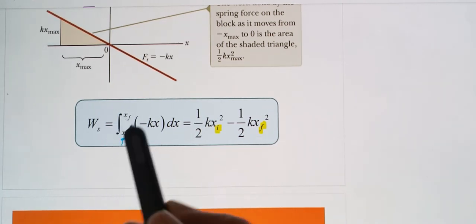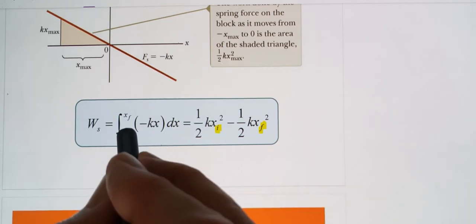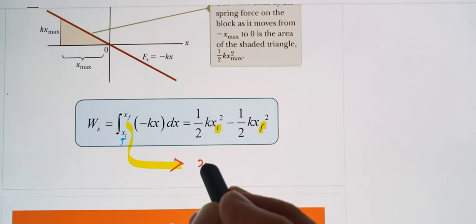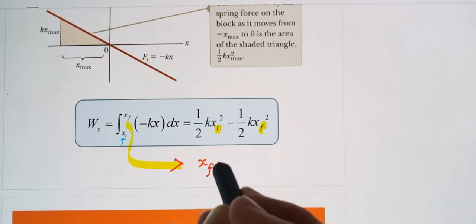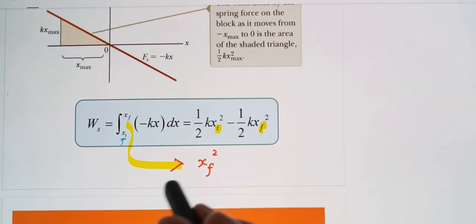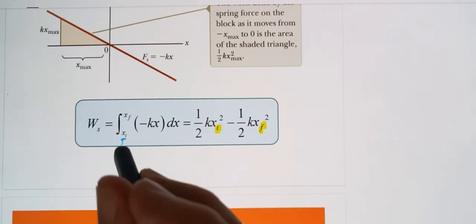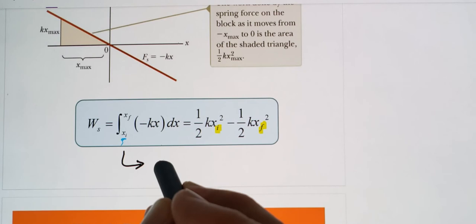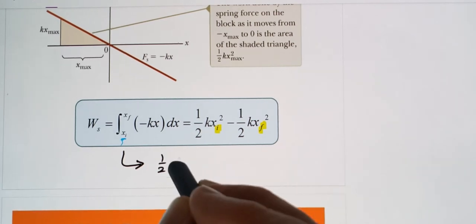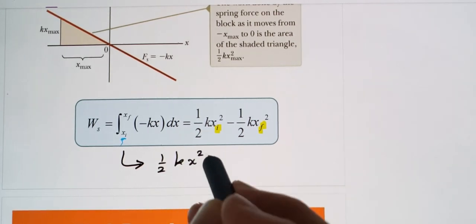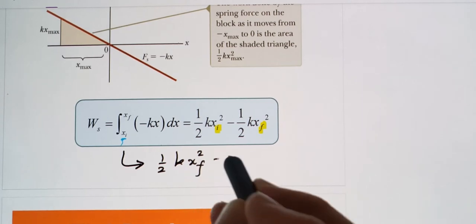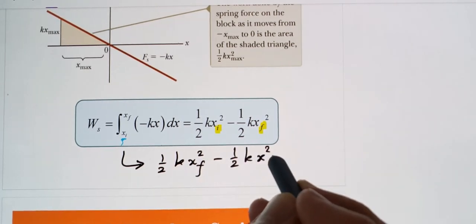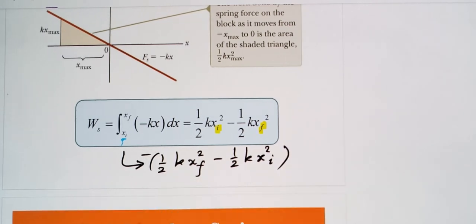So this usually gives half kx final squared minus half kx initial squared, and we have a minus sign.